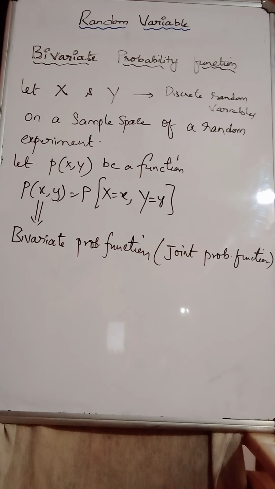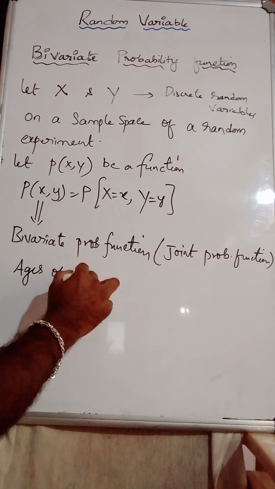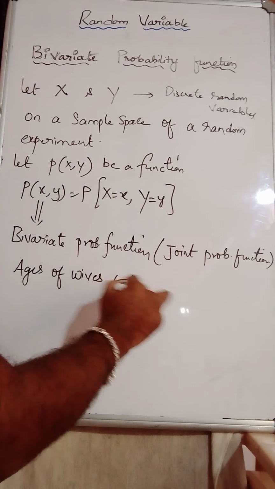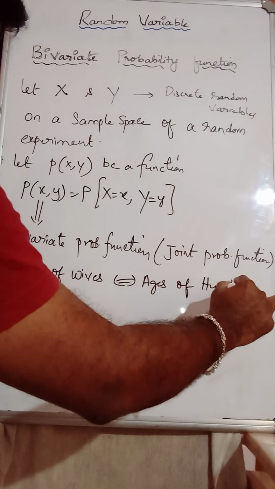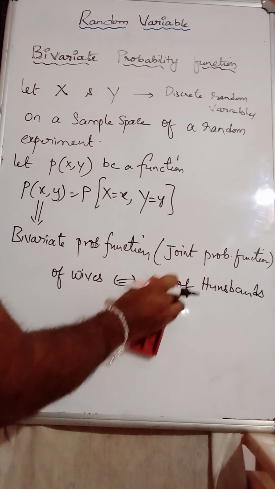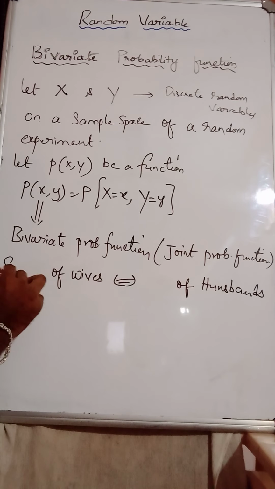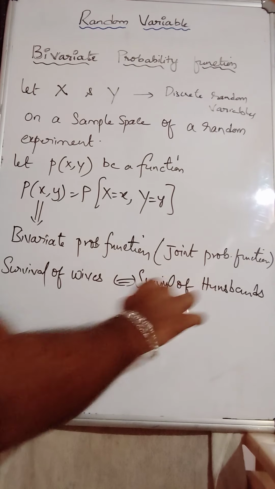Now guys, what do you mean by exactly this bivariate probability function and how to solve? So let us see that now. See, for example, whenever you are calculating ages of wives, ages of husbands, otherwise you can take it as survival of wives and survival of husbands.